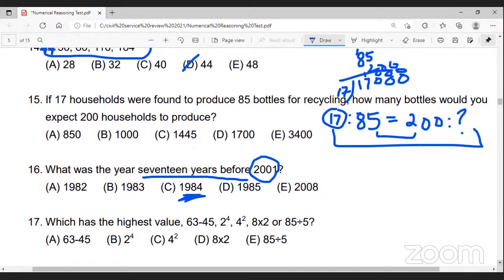Number 17. Which has the highest value? Is it 63 minus 45, 2 raised to 4, 4 squared, 8 times 2, or 85 divided by 5?